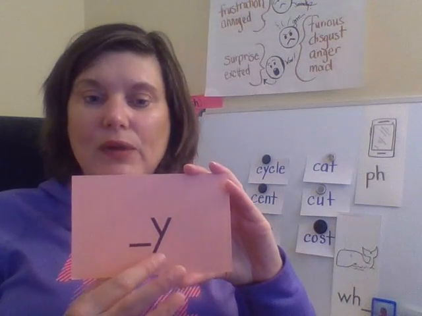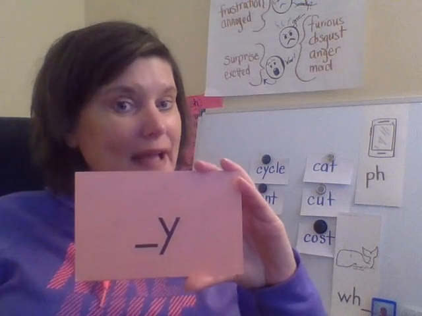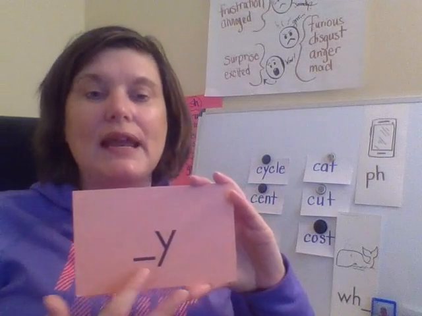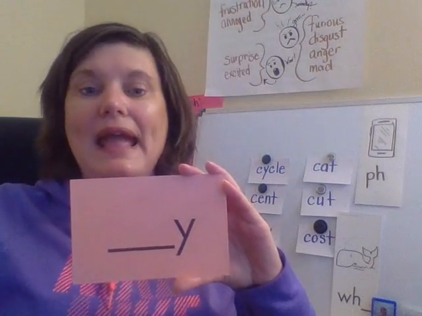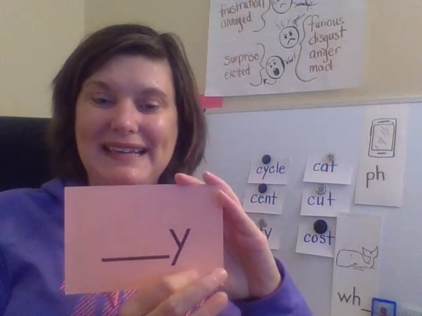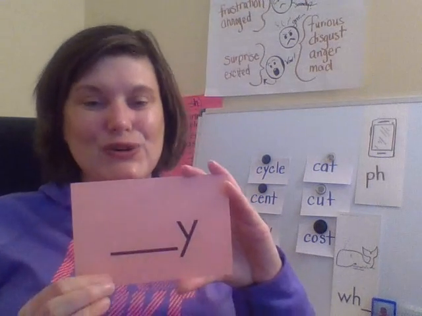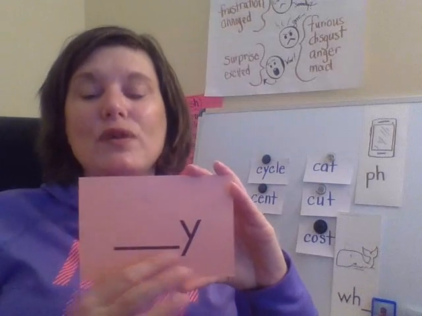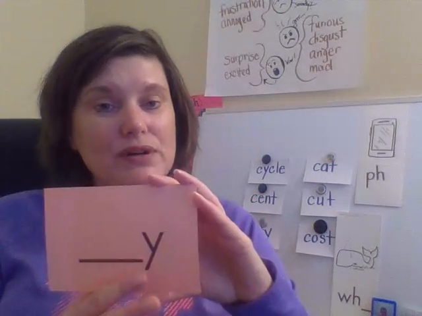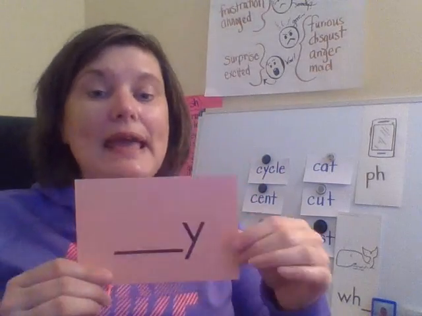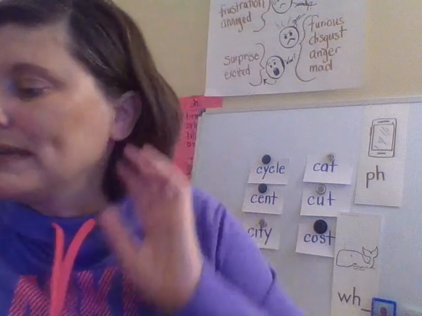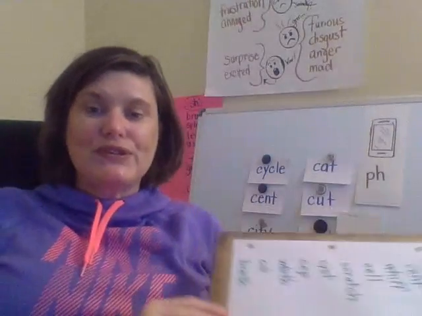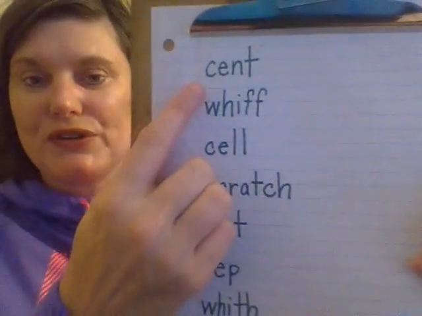Remember, Y is acting like a vowel when you see this at the end of a word, and it makes the I sound. Okay, my turn, E, together, E, your turn, good. Remember, Y at the end of a word is acting like a vowel, and it makes the E sound, like in family.